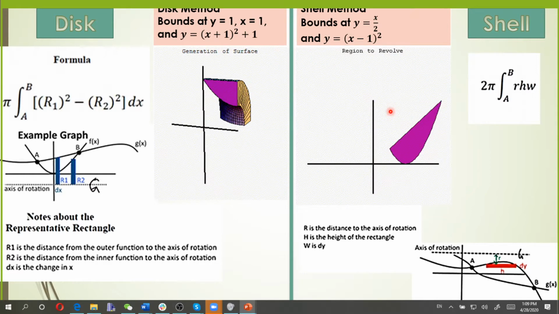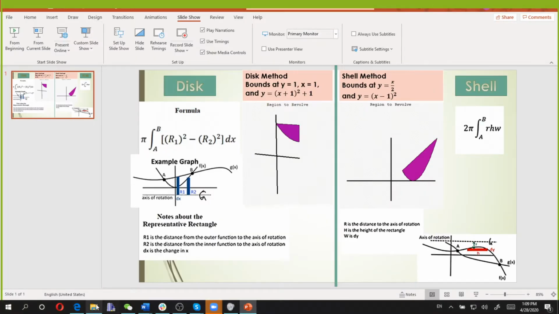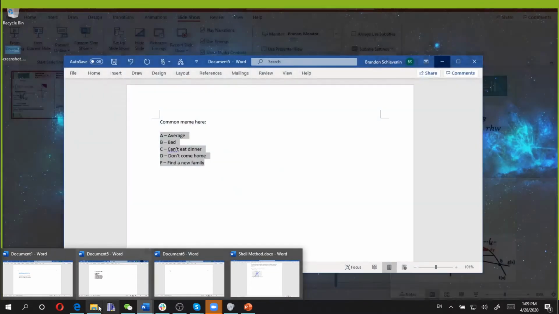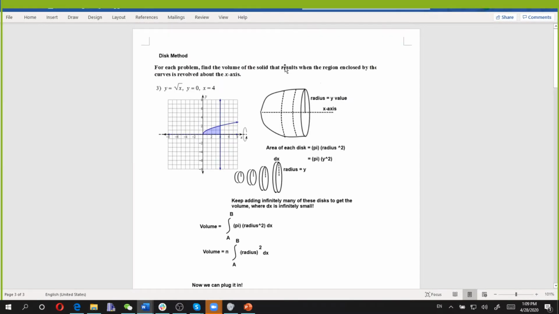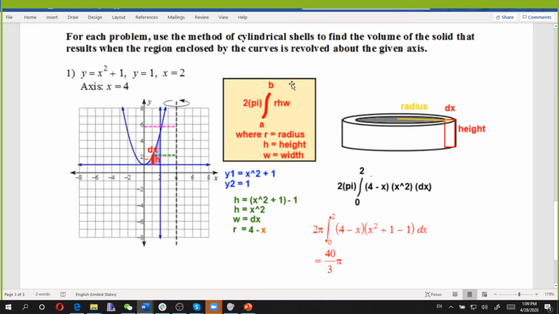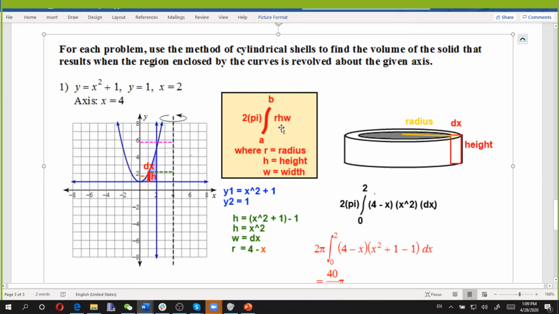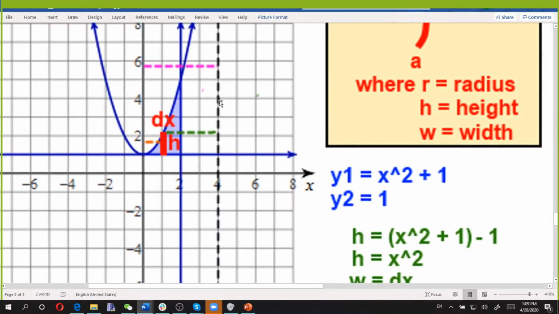Okay, so I'm going to show you again without the motion, I think. The way to start is I'm going to create an infinitely small cross section here.